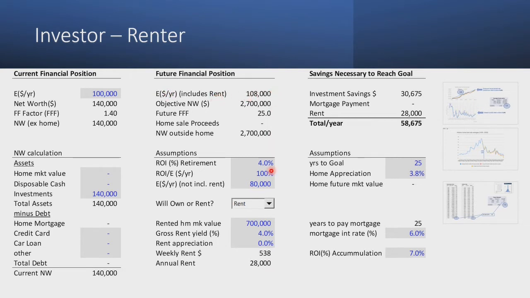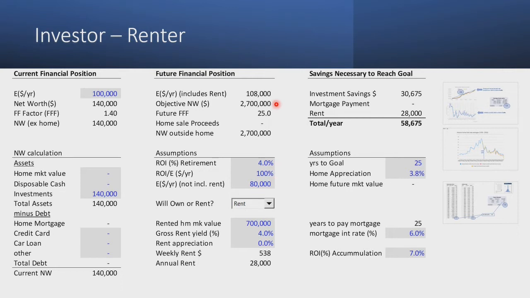So the 80,000 plus rent. So now we have a more realistic scenario. A person who is not owning a house is investing and saving and paying rent during 25 years. And at the end of year 25, we'll need 2.7 million in order to live from the proceeds of his investments.